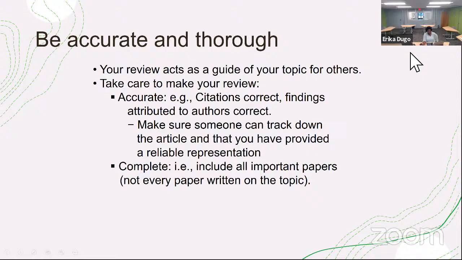So that means that your citations are correct and that your findings are attributed to the correct author. And you want to make sure that someone can track down whatever article you're using and be able to find exactly what you stated. So make sure that you've provided a reliable representation of what the author is saying in that particular paper.